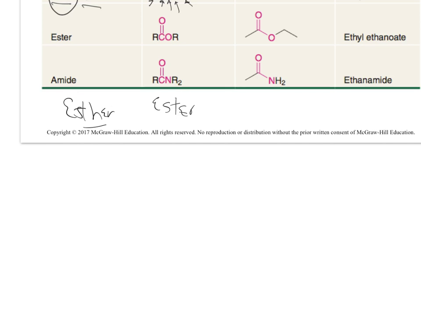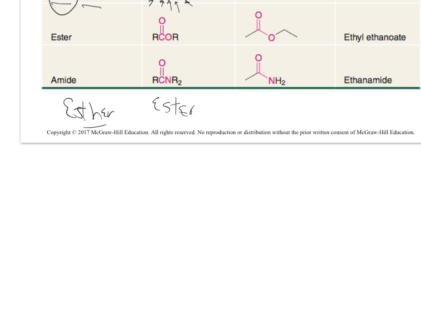Polyester is literally a bunch of esters used to make a synthetic, that slick 70s look. In the 60s and 70s, polyester was really all the rage. So it literally means many esters linked together.